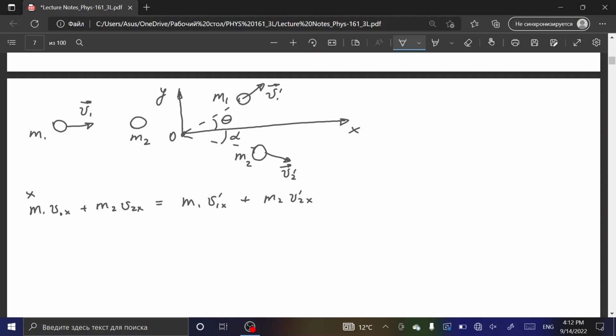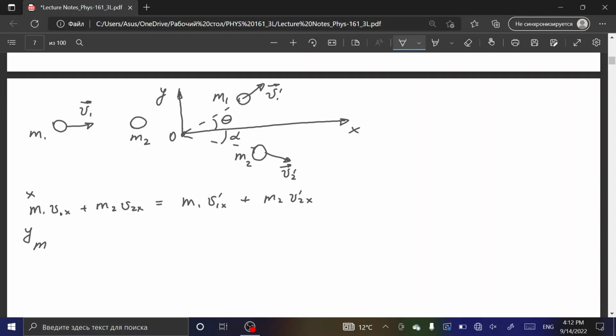So we now have projections of linear momentum vectors on axis x for the initial case before collision and after collision. Similarly, we write for the other direction, axis y.